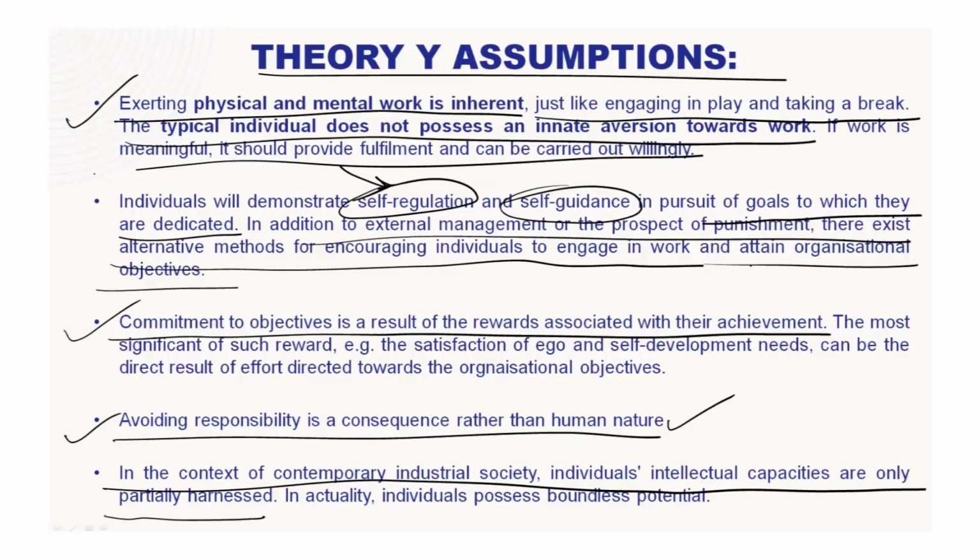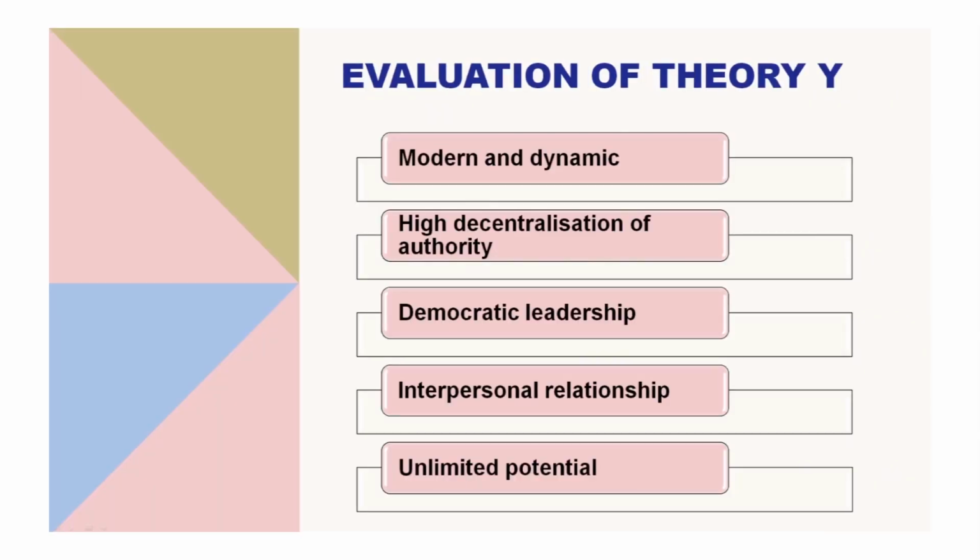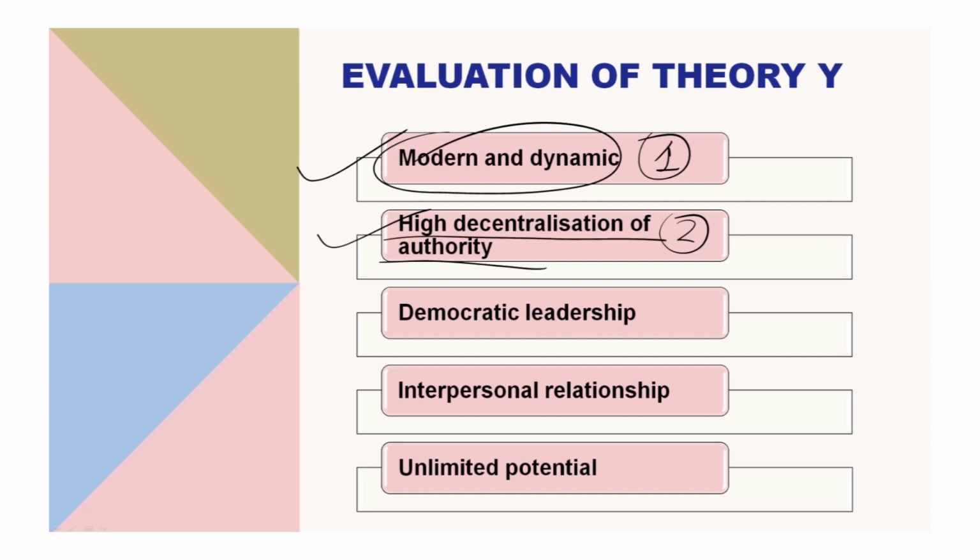Okay. So, these are some of the assumptions of theory Y, and the evaluation of theory Y: it is more modern as compared to theory X. Theory Y is more modern, highly decentralized; you believe or you trust your employees. So, you are sharing the authority with the subordinates.